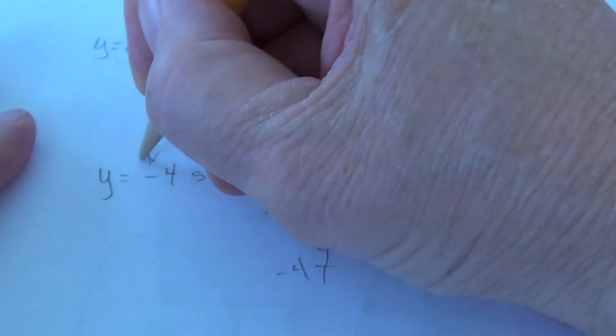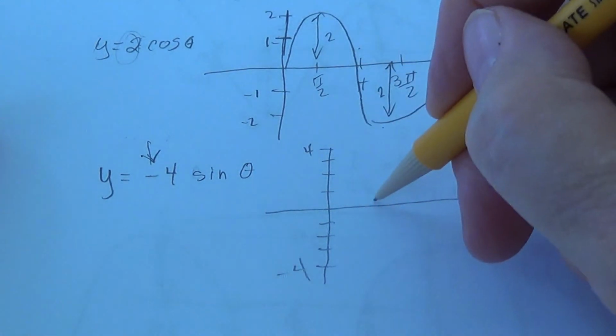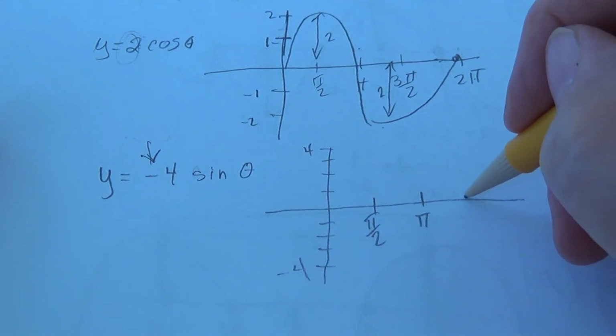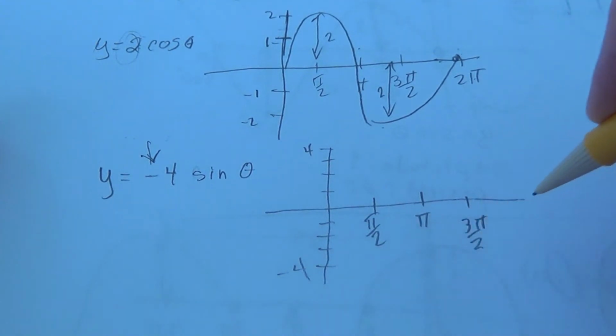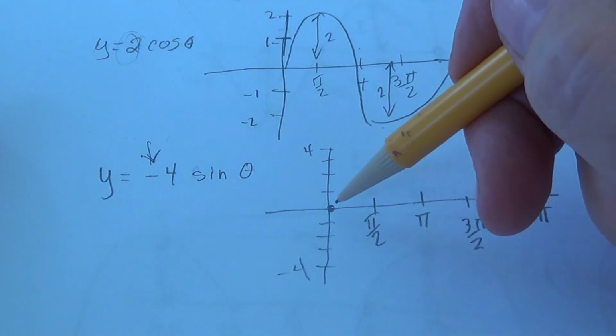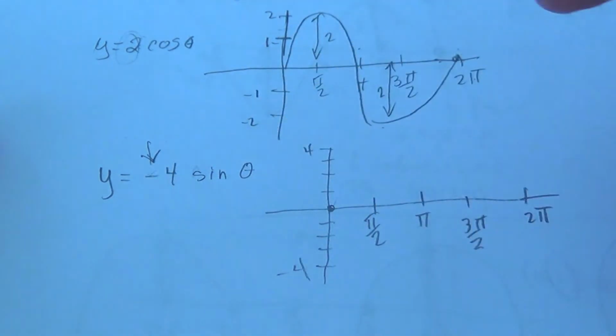But let's discuss what this negative sign in front does. So let me put in my terrific parameters here, as terrific students do. All right, so now we're going to go from 0, 0, and instead of going up, this negative sign will flip the sine curve.